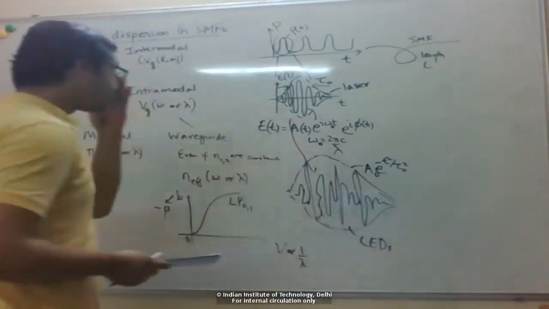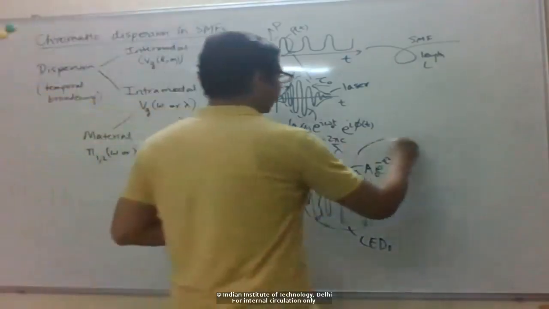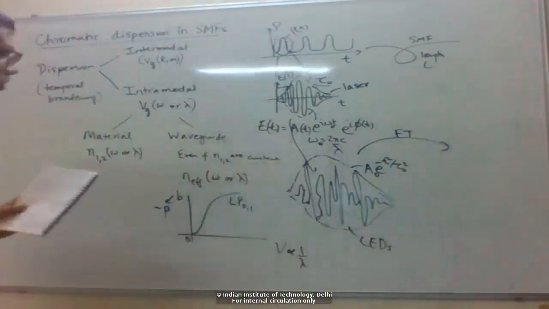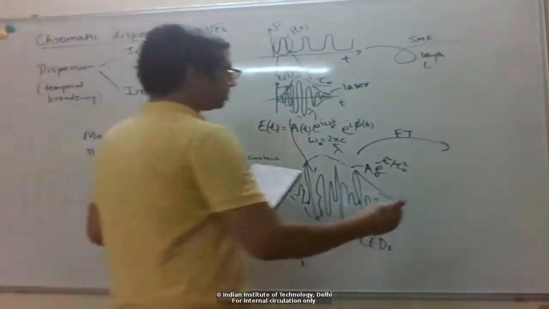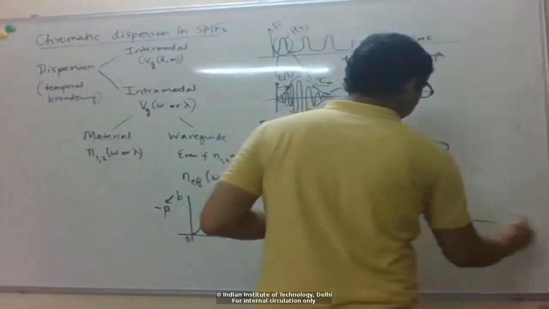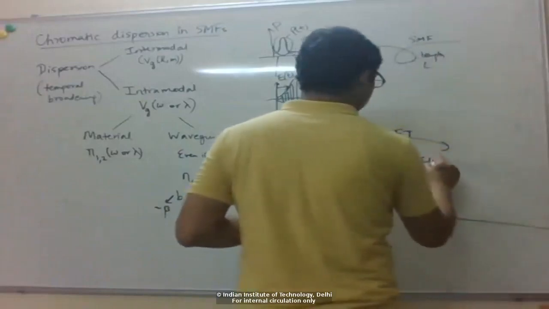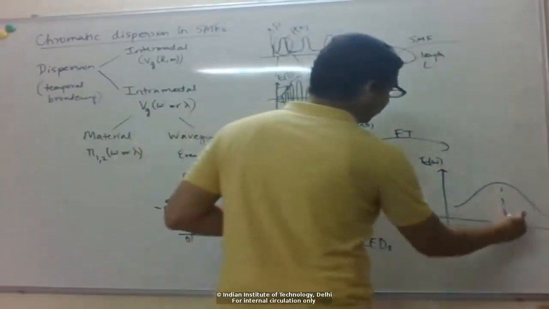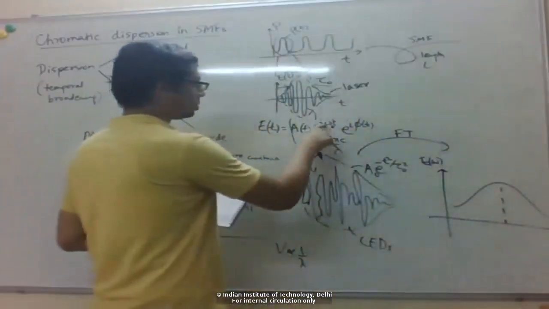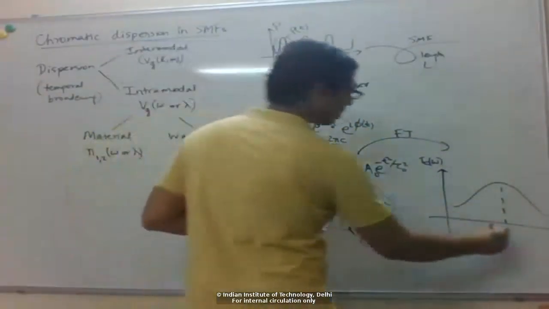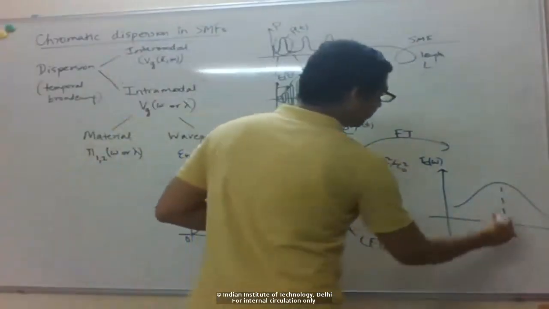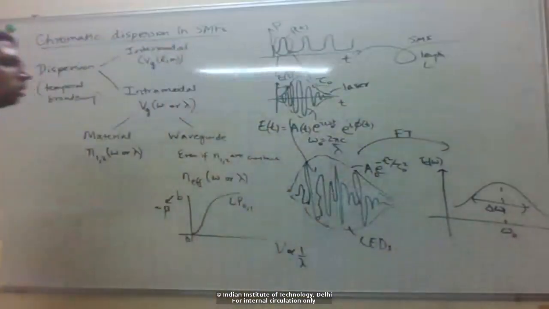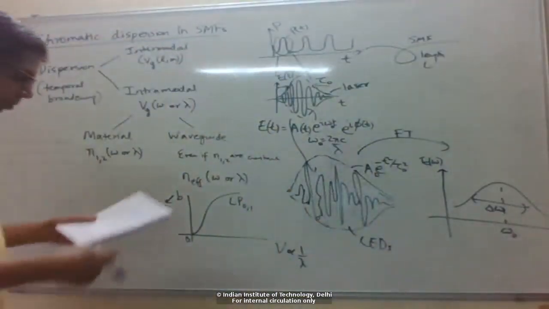From your basics of Fourier transforms, I can find the spectrum by taking a Fourier transform here. This spectrum E of omega will first of all be centered at this omega naught, because that's the carrier frequency here, and then it will have some spectral width.